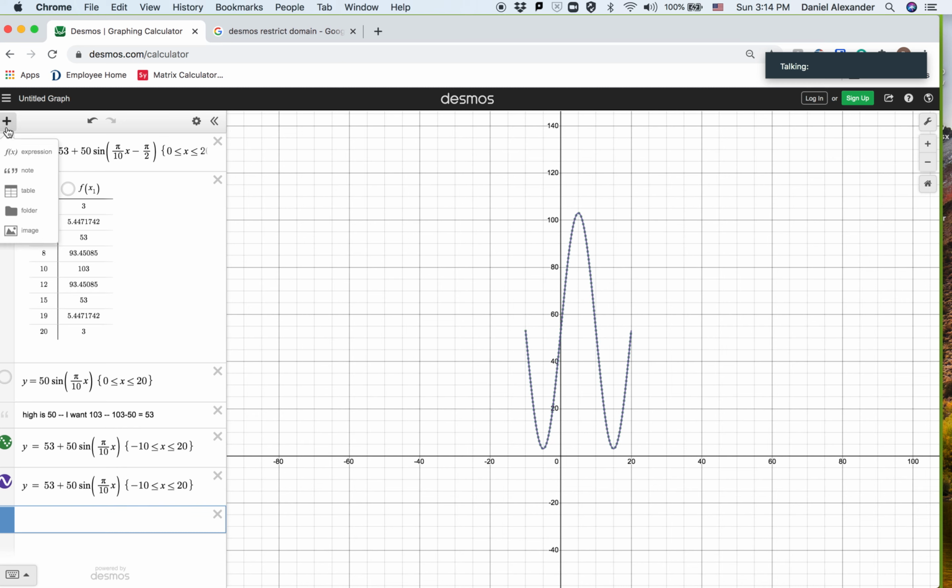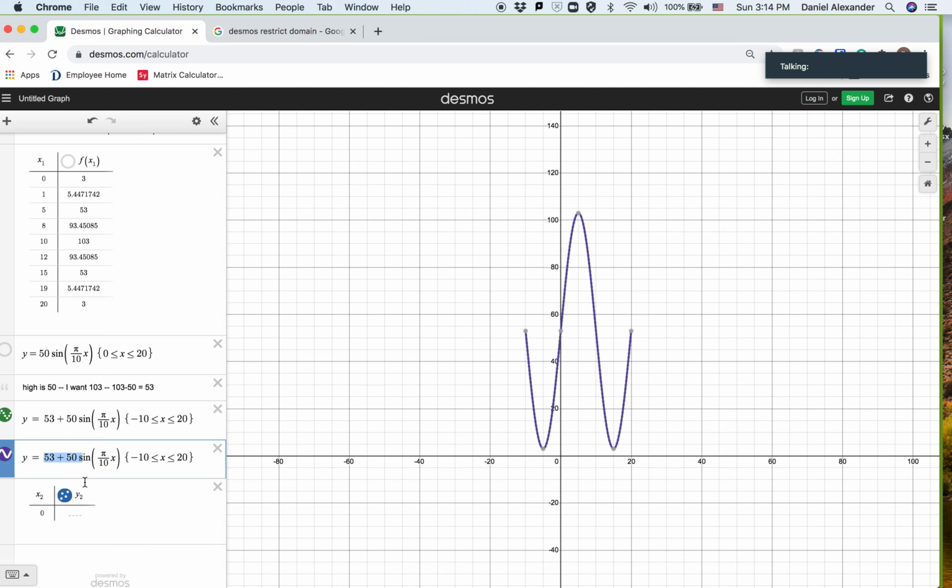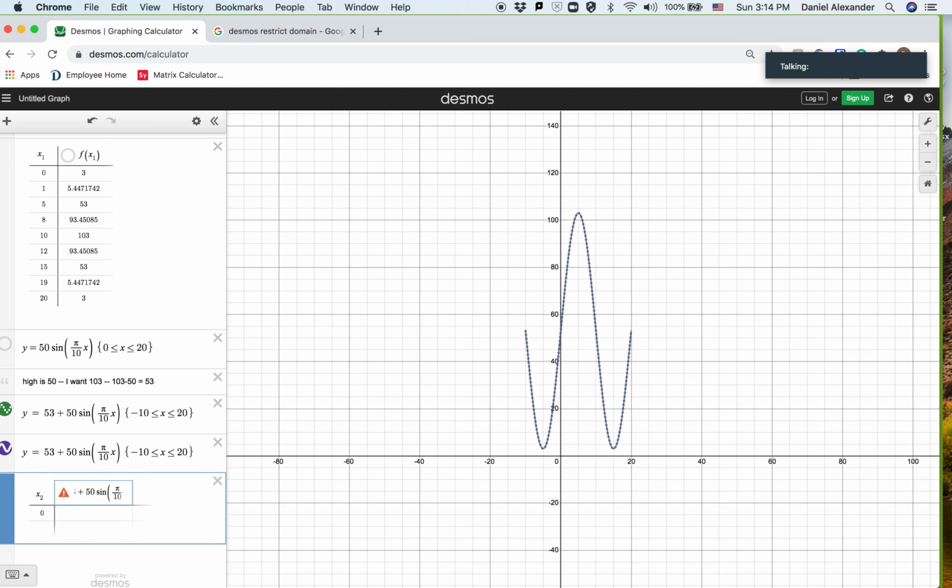Trial and error, okay. So we're going to add a table. I have 0, and then I'm going to put this right here, and I just have to change my x to an x2. Now what I want at 0 is for that to be 0. So I'm going to experiment.